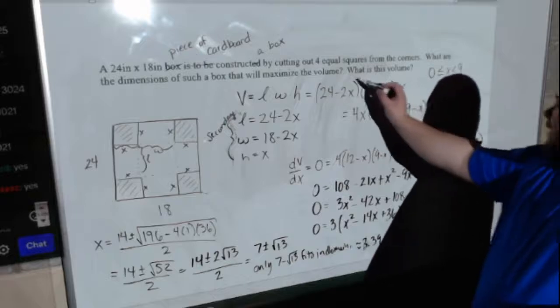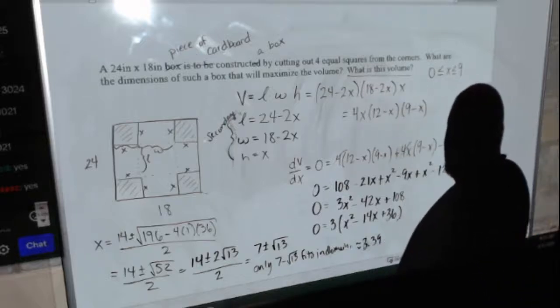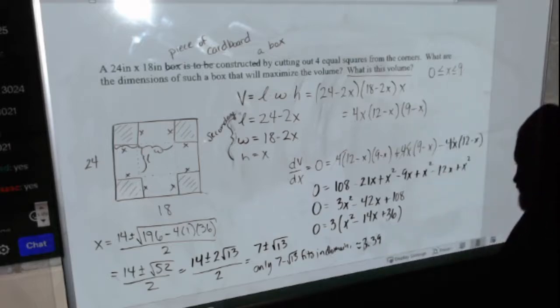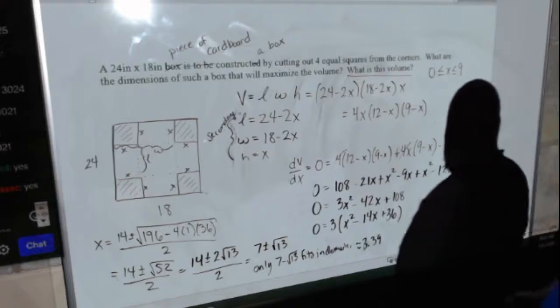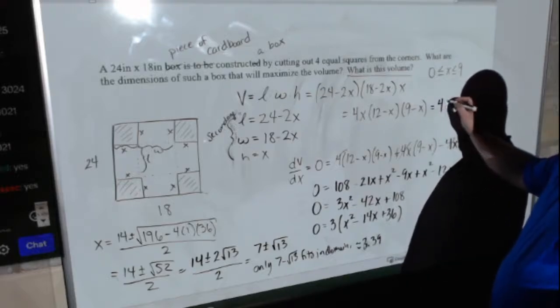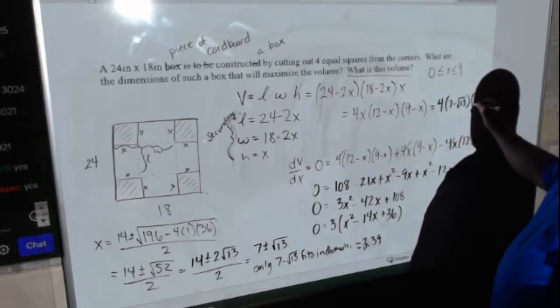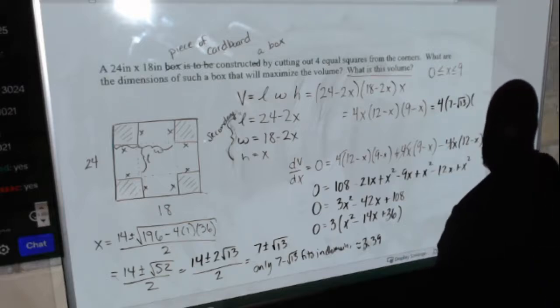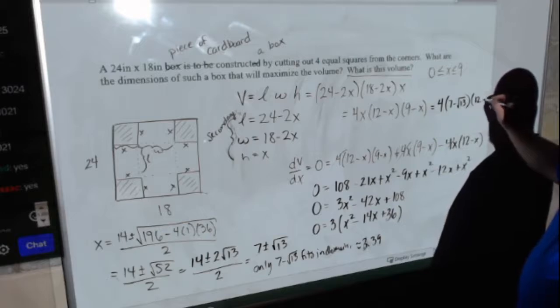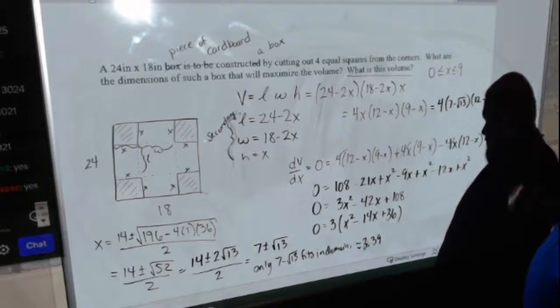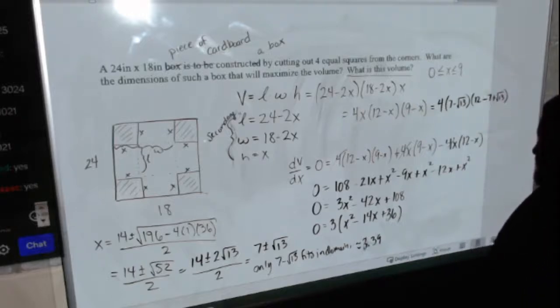So it says, what is the volume? Well, we've got to plug that in everywhere for an x now. It will be 4 times this times 12 minus, off the screen, almost.